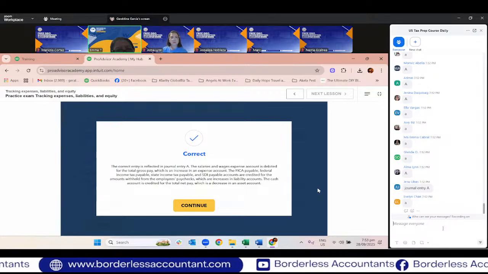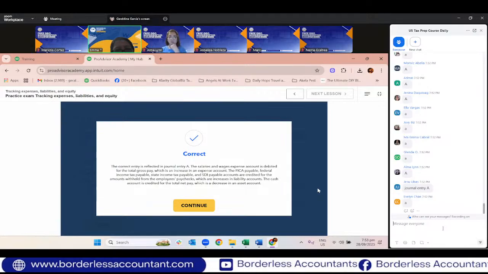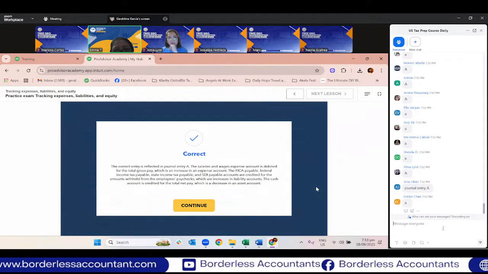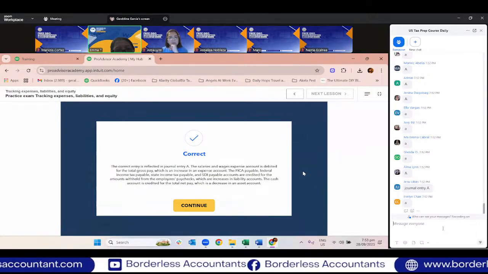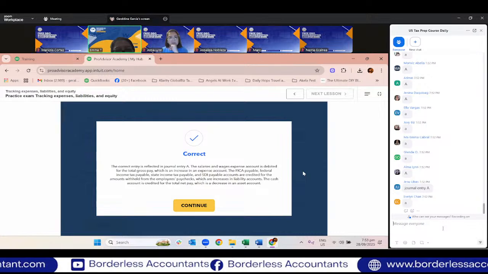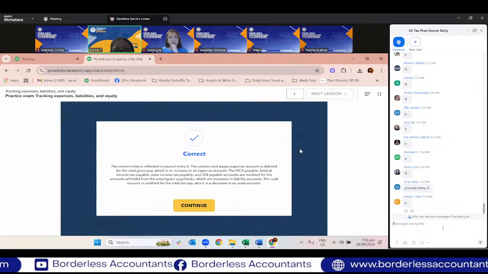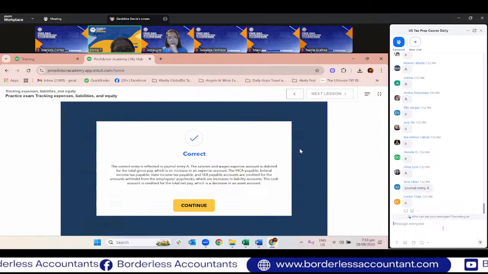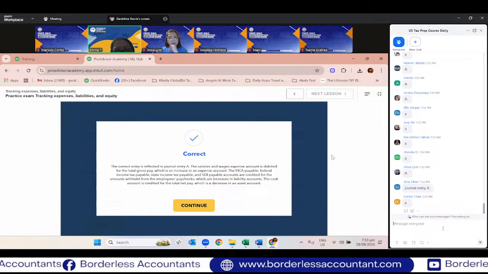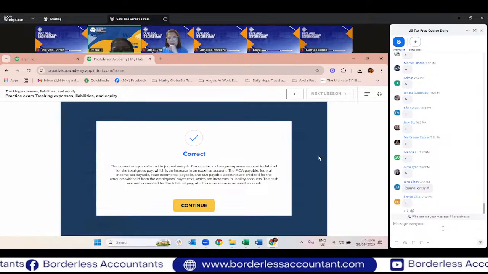The FICA payable, federal income tax payable, state income tax payable, and SDI payable accounts are credited for the amounts withheld from the employees' paychecks, which are increases in liability accounts. The cash account is credited for the total net pay, which is a decrease in the asset account.